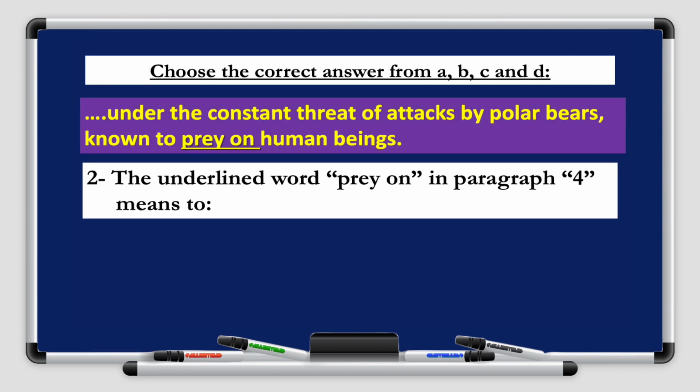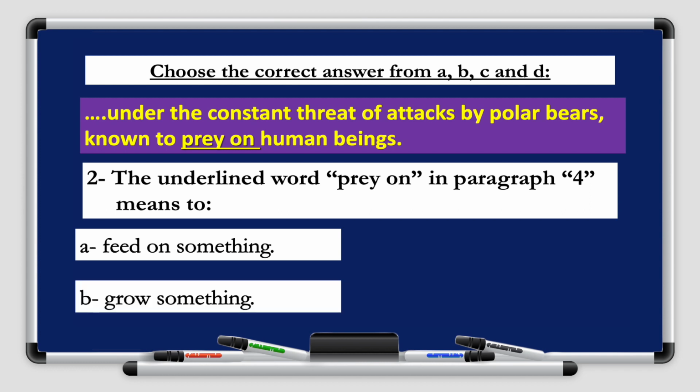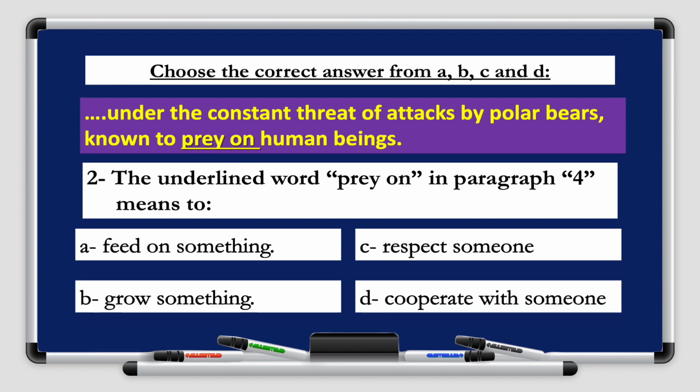Question number two. The underlined word prey on in paragraph 4 means to, as we took in the previous episode. The answer is clear for us. Feed on something, grow something, respect someone, cooperate with someone. The answer is feed on or prey on something.